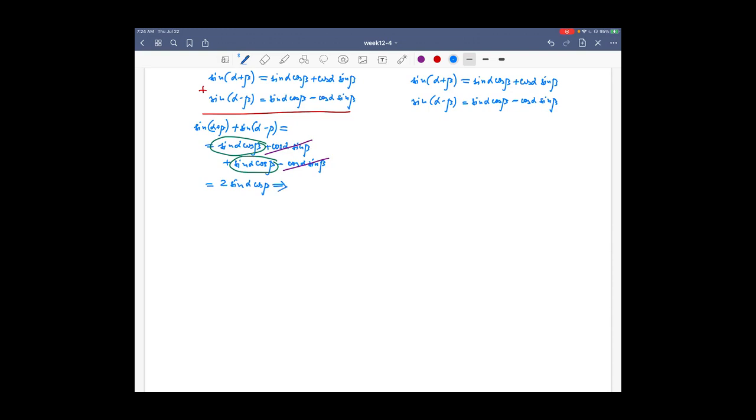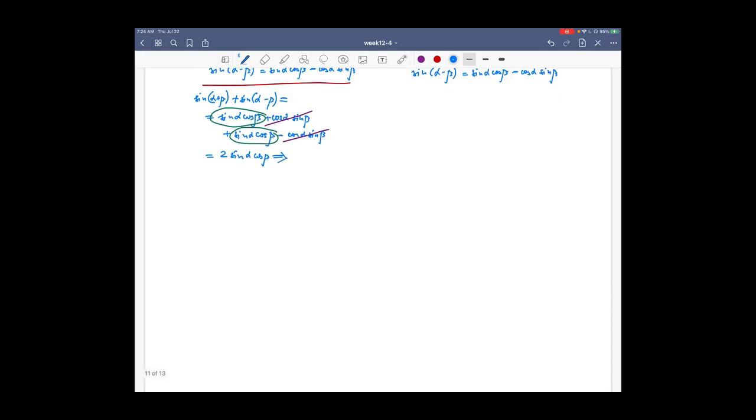And from here, we get that sine alpha cosine beta equals 1/2 sine of a sum plus sine of a difference.